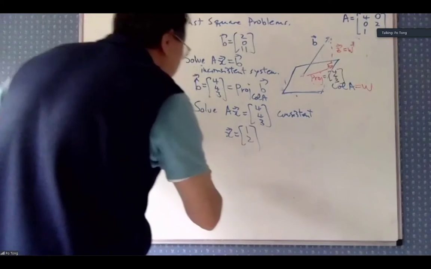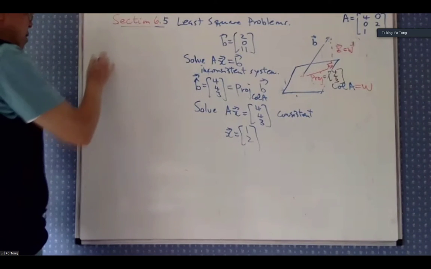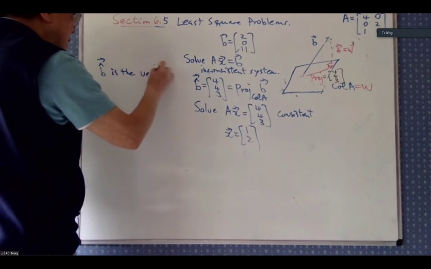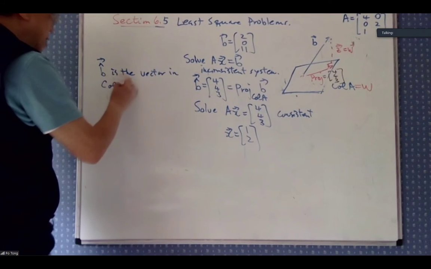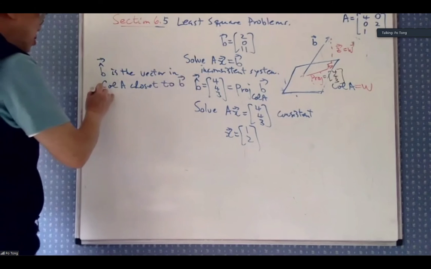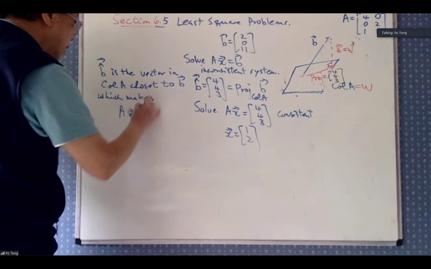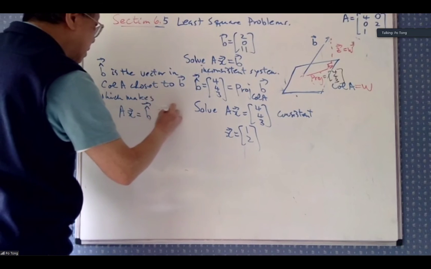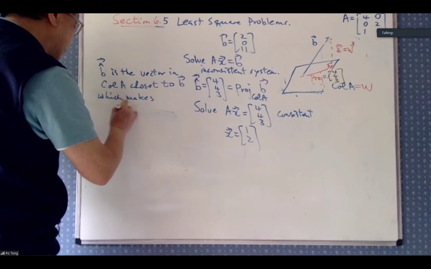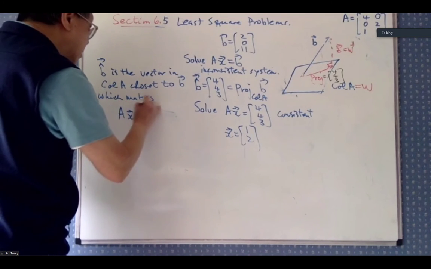This B hat is the vector in the column space of A closest to B, which makes AX equal to B hat consistent, which means it makes the system consistent.